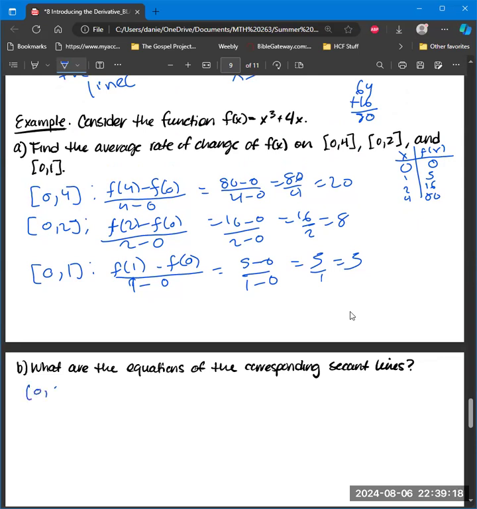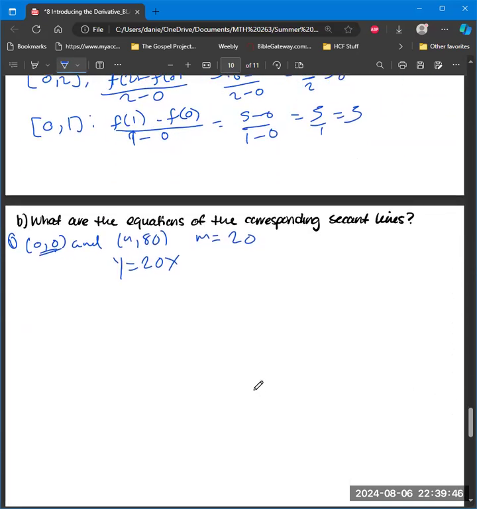So if we have 0, 0, and 4, 80, and our slope we got was 20, then let's use 0, 0. It makes my life easier if that point's on the line, because that's my y-intercept. So y equals 20x will be my secant line.